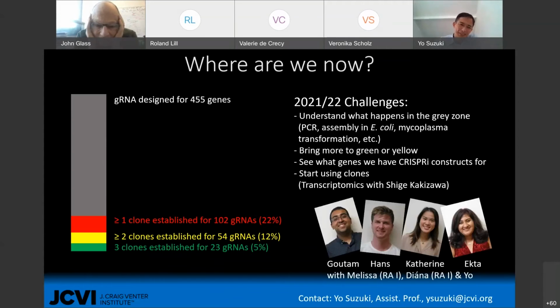So procedural challenges could be one. We have E. coli steps, PCR steps that can fail, and many constructs drop out. But also there's a biological reason too.